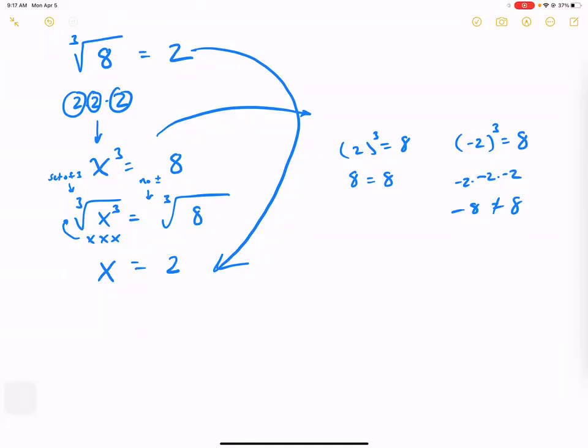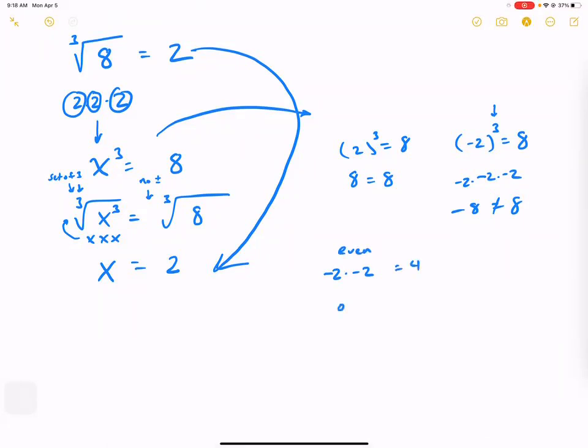So as you can see, when it's an odd exponent or an odd radical, right here, we do not include a plus and minus because that negative would not have canceled out. It would have carried through. So let me give you an example. If I say negative 2 times negative 2, if I have an even set, this becomes a positive.